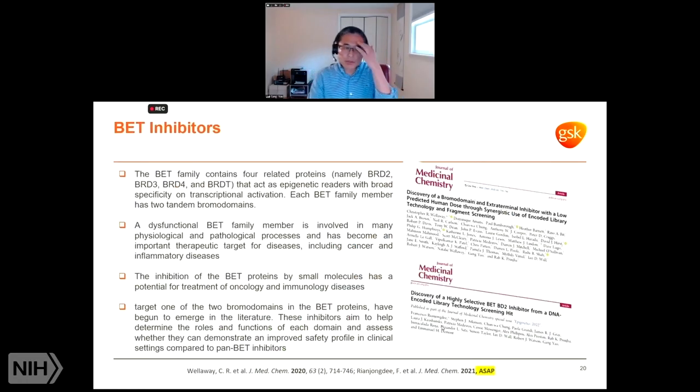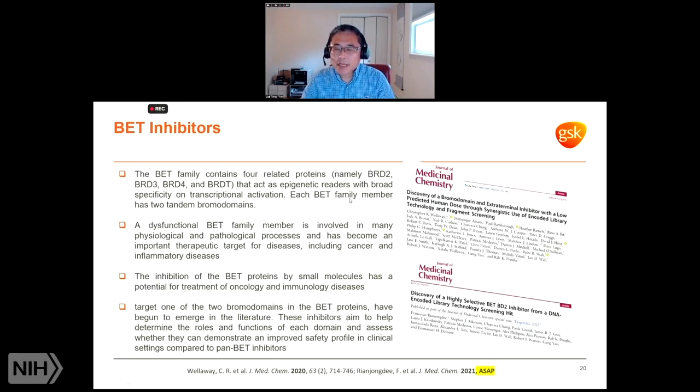So next, I'll show you two examples of BET inhibitors identified through DEL. The BET family contains 4 related proteins, namely BRD2, BRD3, BRD4, and BRDT, that act as epigenetic readers, which has a broad application in transcription activation.